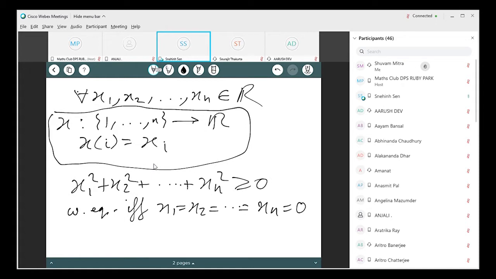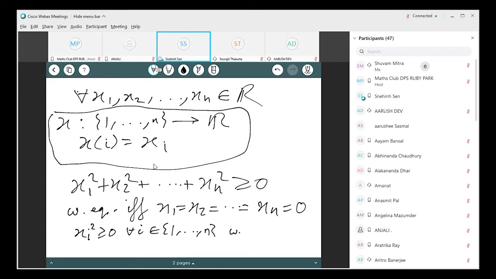First of all, by using the sum properties of order, we already know that xi square is greater than or equal to 0 for all i belonging to the set 1 to n. This is obvious using just the single variable square property, nothing else.